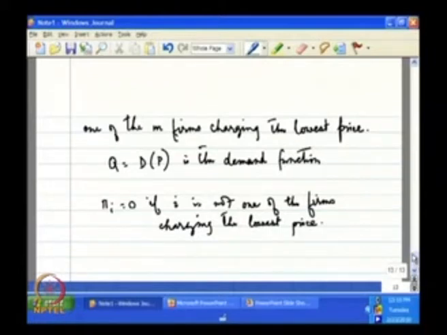Then i is not getting any demand in the market. In that case, it does not produce any output. If it does not produce any output, its cost is 0, the revenue is also 0, because it is not catering to any demand. So, this is the story.